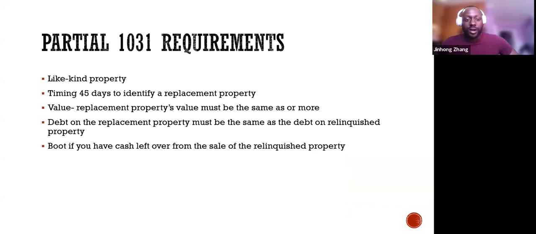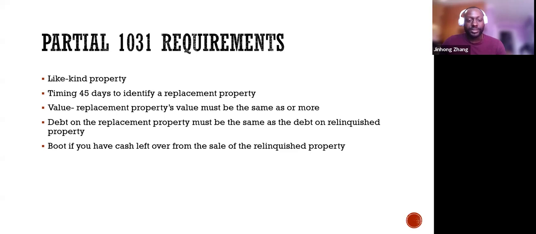So the requirements are similar to the regular 1031 exchange. It must be a like-kind property. The replacement property must be like-kind, which means that it must be of the same nature or character as the original property that was sold. The timing must be, the property must be identified within 45 days, and you must purchase the second property within 180 days after the identification, and the value must be the same or more as the original property.